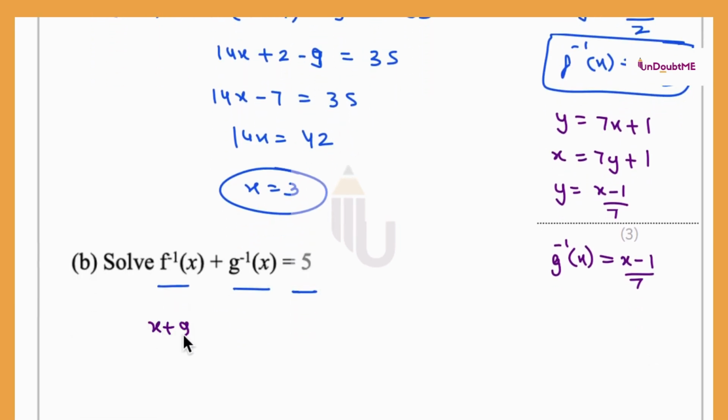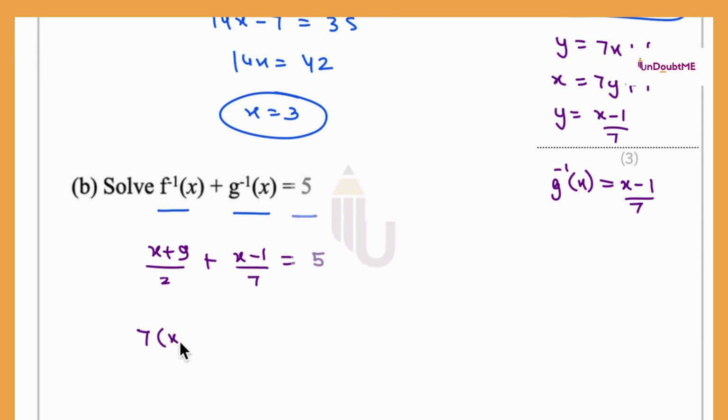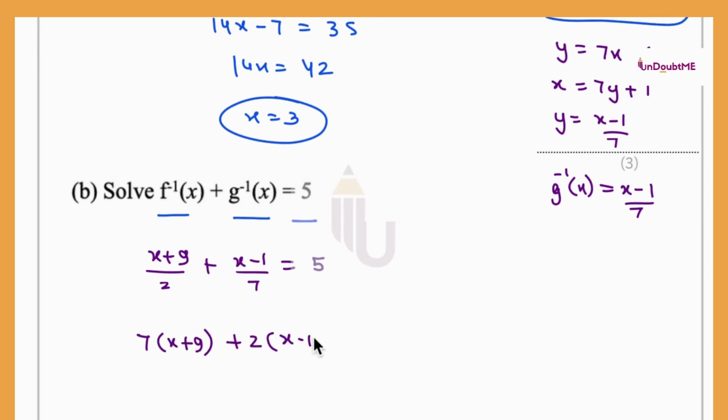So (x + 9)/2 + (x - 1)/7 = 5. Cross multiplying will give me (7(x + 9) + 2(x - 1))/14 = 5.